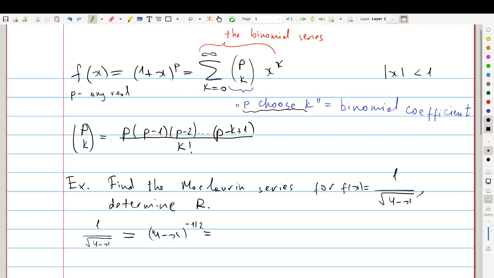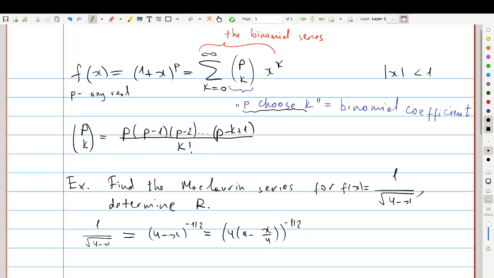So let us rewrite the 4 minus x so that we have an expression that looks like 1 plus something. This can be done as follows. We will factor out the 4. We have 4 times (1 minus x over 4), and then everything raised to the power minus 1/2.